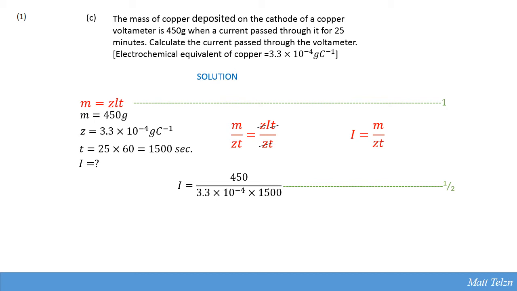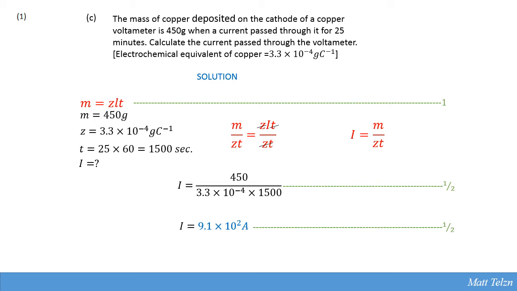Now look at where marks are allocated again. You see, the first is the formula. The second thing is correct substitution. If you substitute correctly, half a mark is allocated to correct substitution. So the final answer is 9.1 times 10 raised to power 2, and half a mark is also allocated to the final answer.